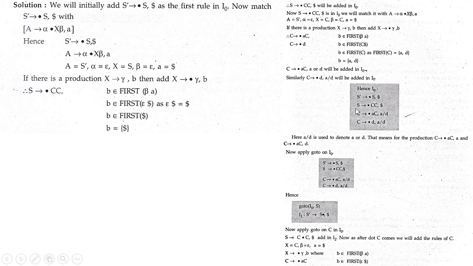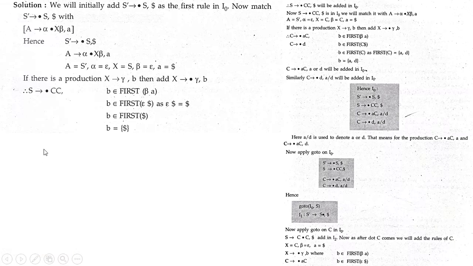Repeat the same process for all the others. We have finished the first line, we have finished the second line, then repeat the process for the third line. C derives dot AC, A oblique D will give you C derives A dot C, A or D. So it gives you this production.